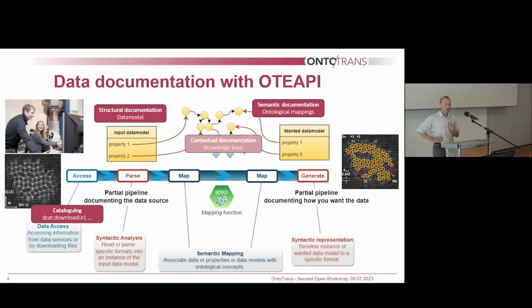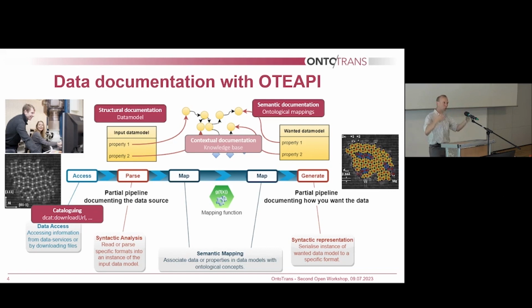And then we have the semantic documentation that with OTAPI is represented as mappings from properties in the data model to ontological concepts. So the whole thing is that we are trying now to create pipelines. We are documenting our data sources by such a pipeline consisting of small filters describing the different parts: accessibility, where to download and get the data.